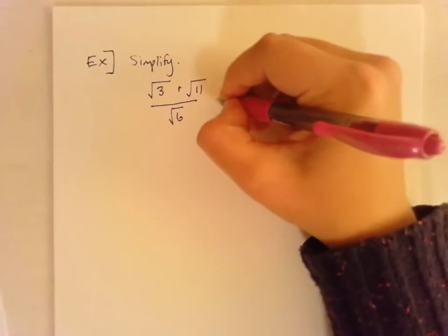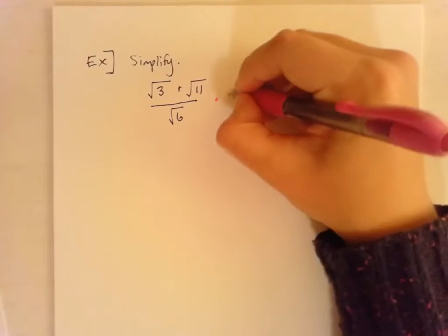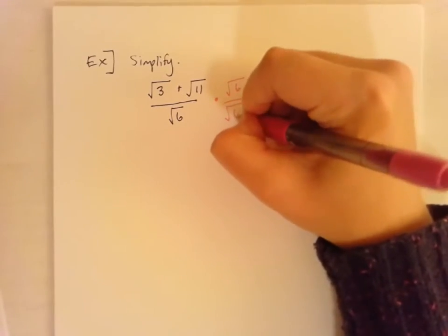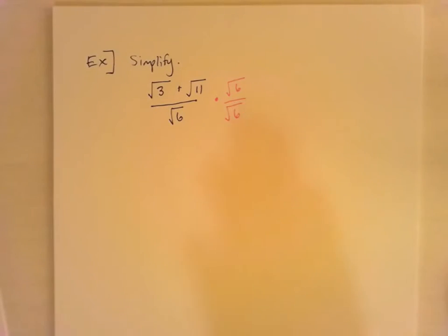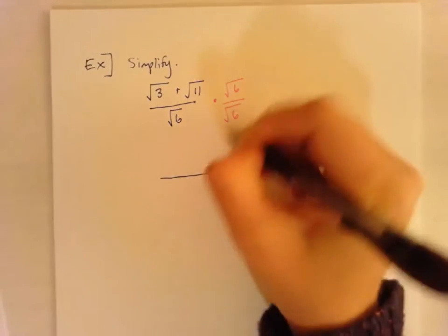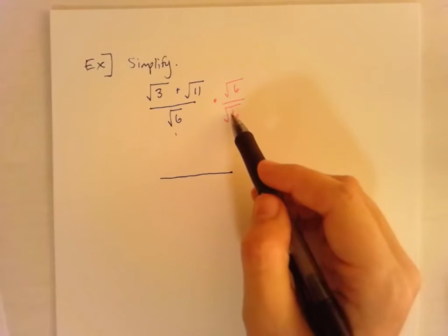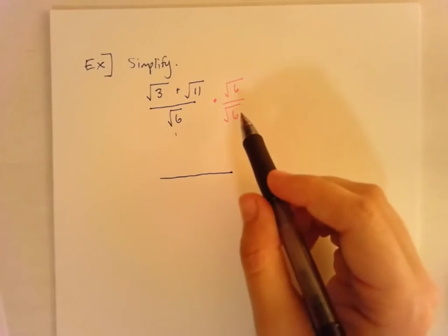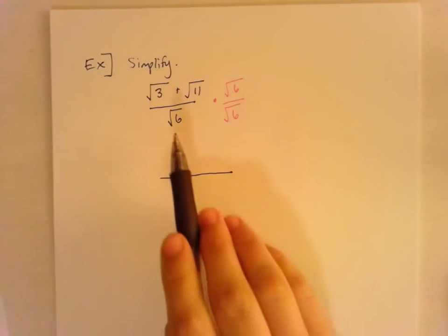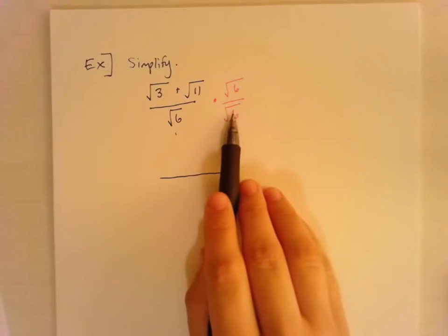Let's write that in. We multiply top by radical 6 and bottom by radical 6. And here's how we manage that. On the bottom, first of all, radical 6 times radical 6, really cool things happen. We can visualize this as radical 6 times 6, right?